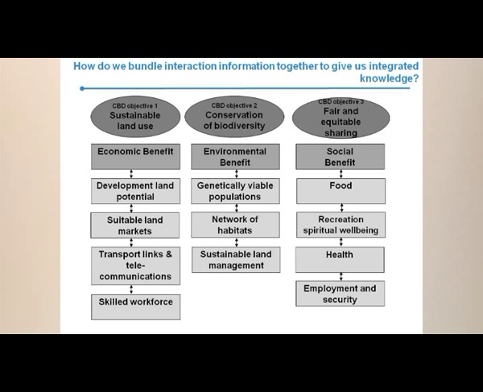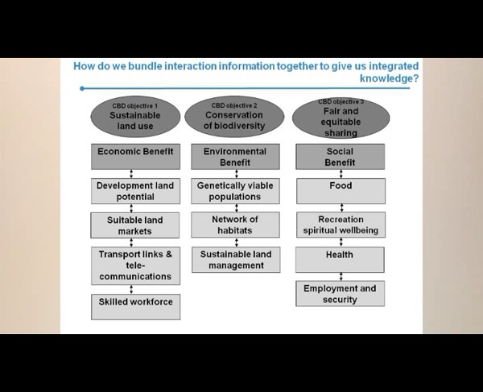For each of these three factors, we've examined the components that contribute to their makeup and the features that depend on it. So let's take economic development. Well, for economic development, you need land with the potential to be used, and that use depends on and is dependent on suitable markets, suitable transport and telecommunication links, together with a skilled workforce.